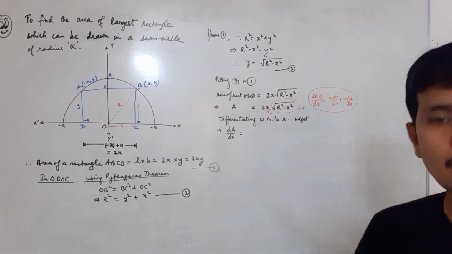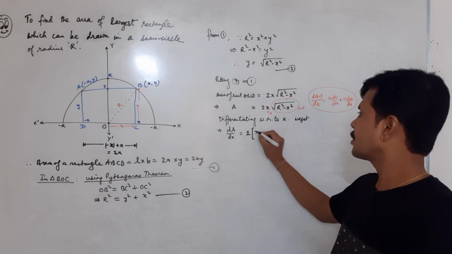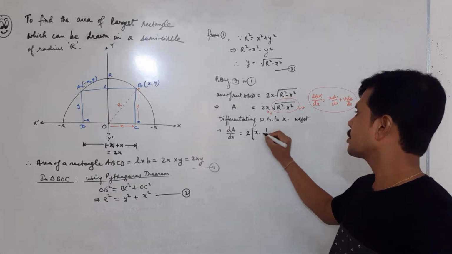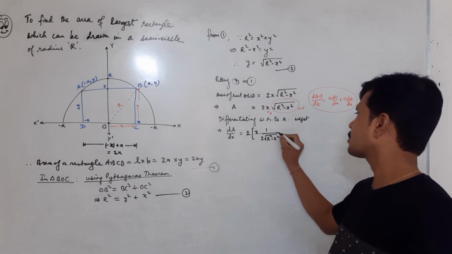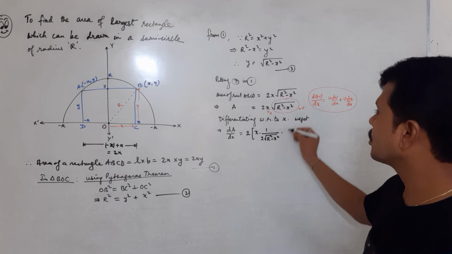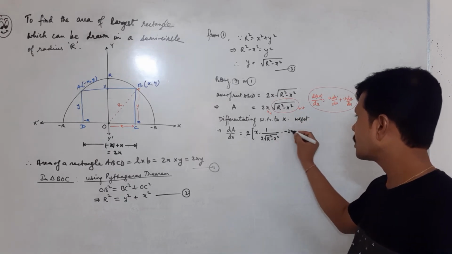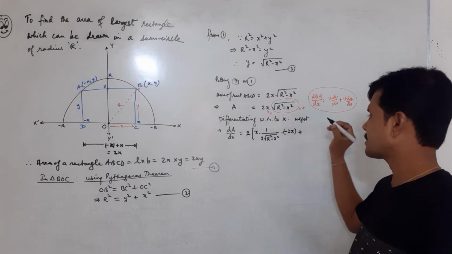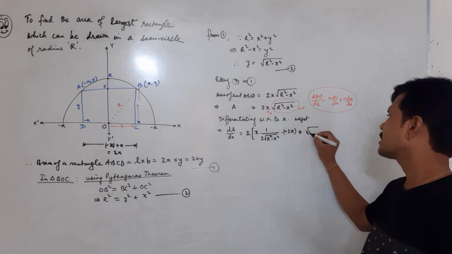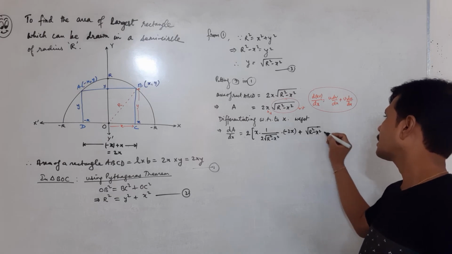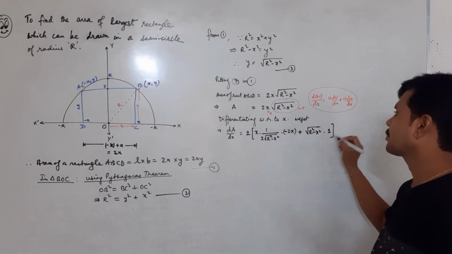Clear? Now I am applying it over here. Keep the 2 aside. U dv upon dx means 1 upon 2 times under root r square minus x square, and differentiating this will give minus 2x, plus, next v, which is under root r square minus x square, and derivative of x will be only 1.